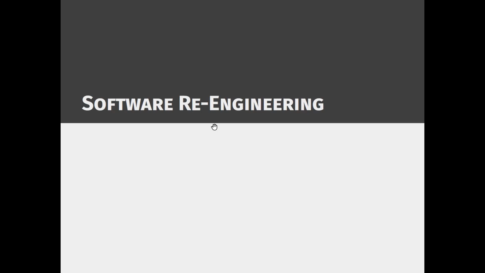The reason is when the software is getting old, your maintenance cost will be high, or you have to switch from one to the other. So in this part, we are going to look at different issues that arise and how software re-engineering is actually used.